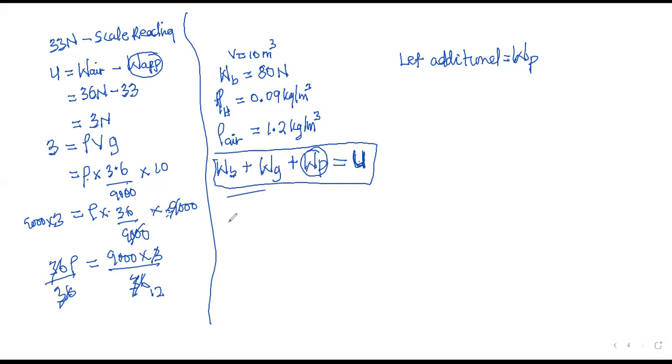So try it, and then let's see. So WP would be equal to U minus WB plus WG. That's the key to the question. So try it for 5 minutes and we will discuss it afterwards.